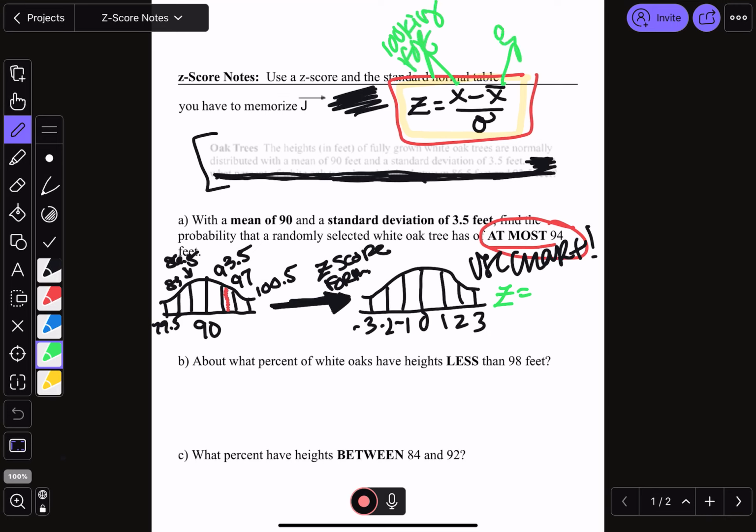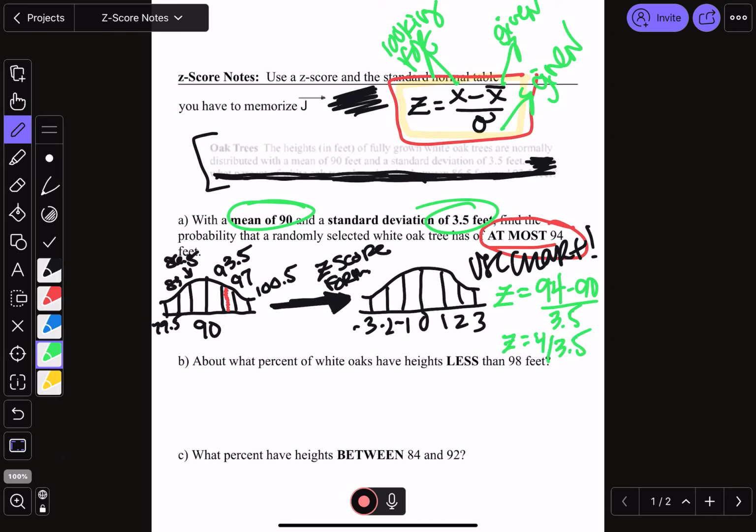The mean is what's given to you, and the standard deviation is what is given to you, okay? So you're looking for 94. You are going to subtract your mean, which was 90, and divide by your standard deviation of 3.5. So you're going to take 4 and divide it by 3.5, okay? So 4 divided by 3.5 is 1.14. So let's say z equals 1.14.